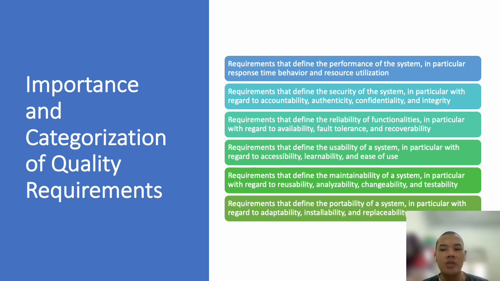For example, the ISO/IEC 25010 standard of 2011 suggests classifications for quality requirements that can also be used as a standard structure for requirement documentation and as a checklist for requirement elicitation and validation. Among others, the following categories are typical for quality requirements.